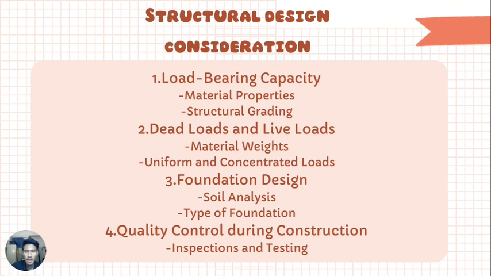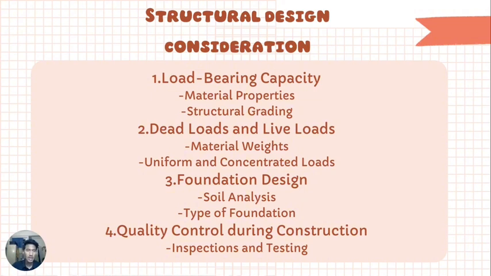Material property, we need to understand the property of brick and mortar, including compressive strength, elasticity, and durability, because different types of brick have distinct load bearing capacity. Then next element is structural grading. We must consider the grading and quality of the brick to determine their load carrying capability.